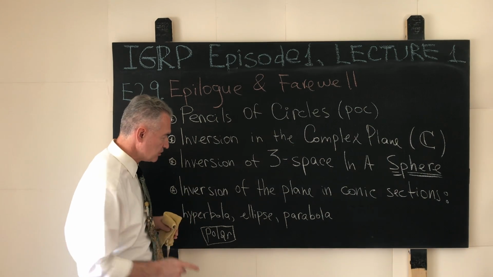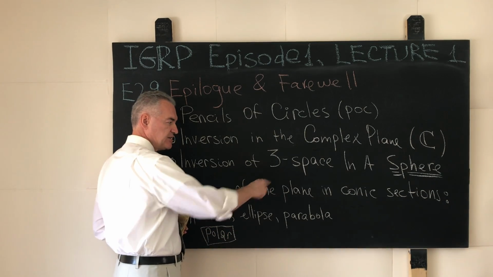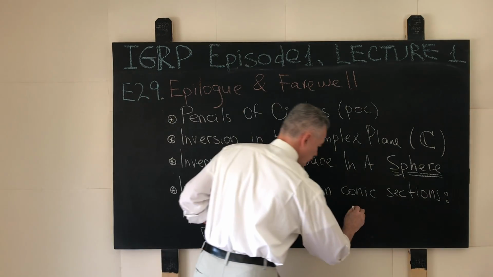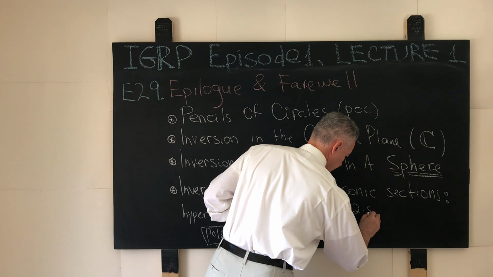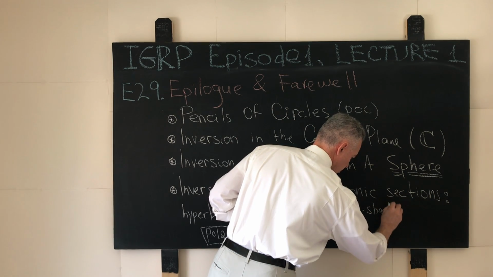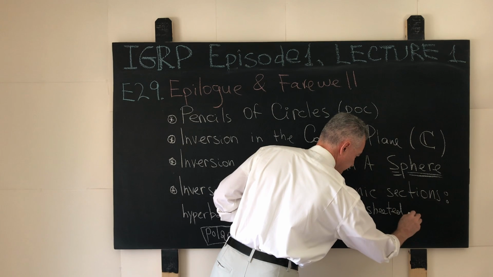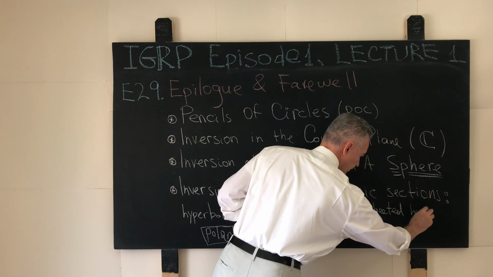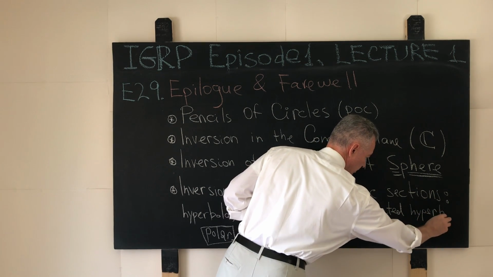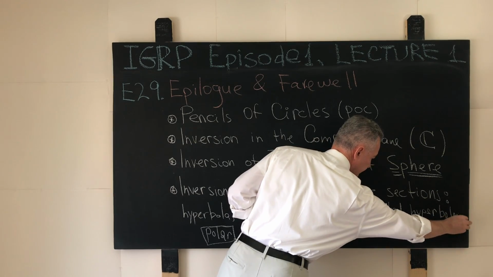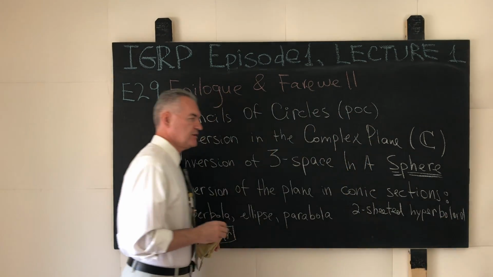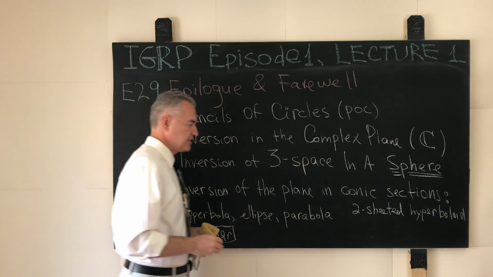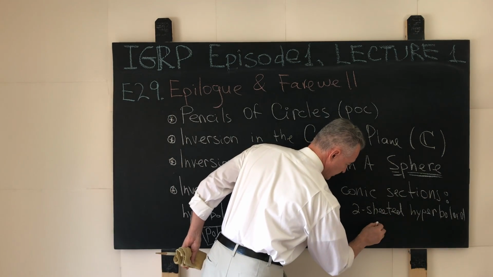So, for example, inversion of three space in a two-sheeted hyperboloid, if you know what a two-sheeted hyperboloid is. This is basically a surface that looks like this.